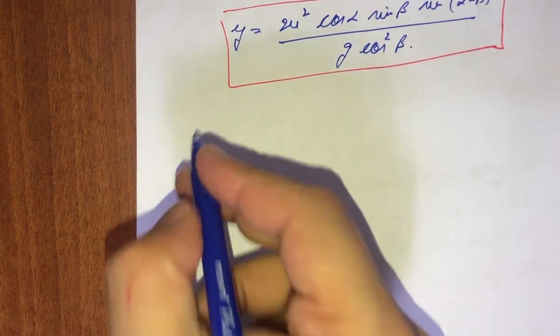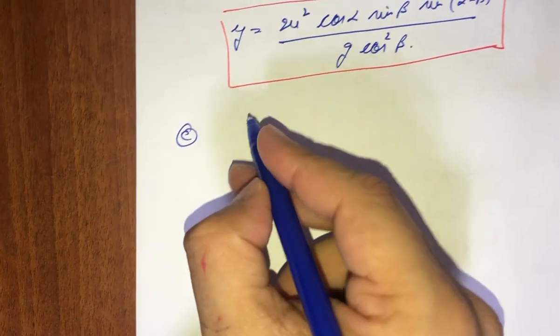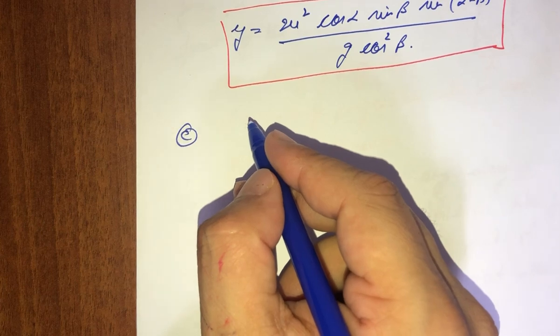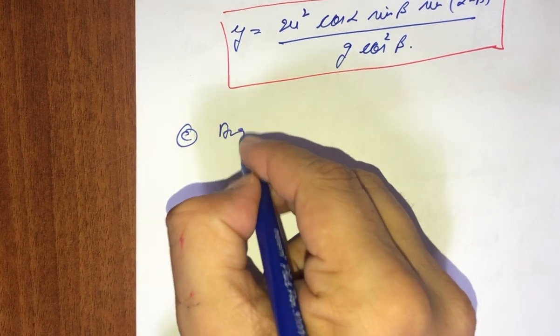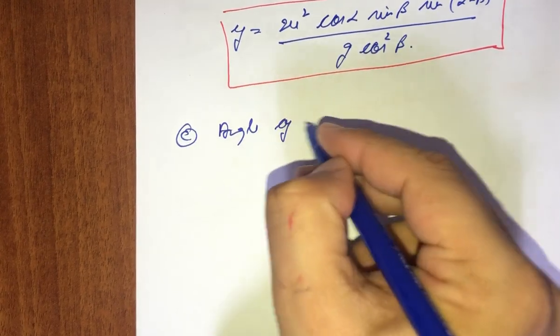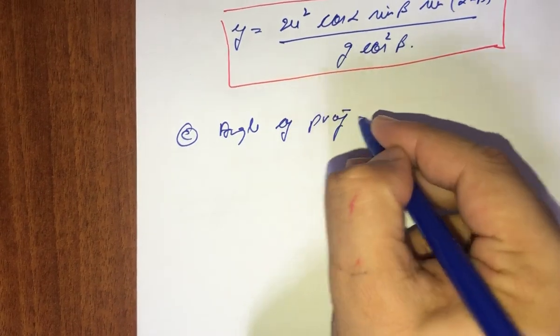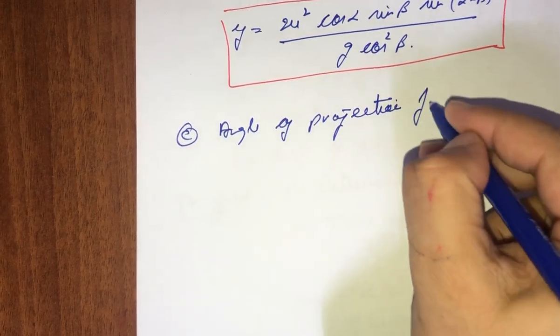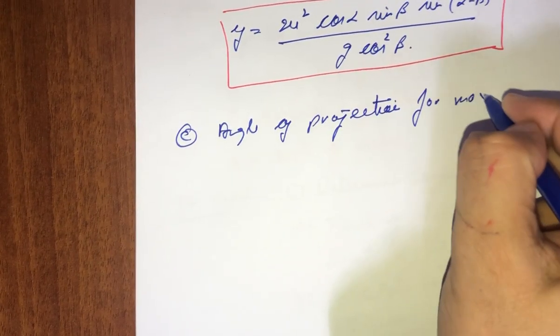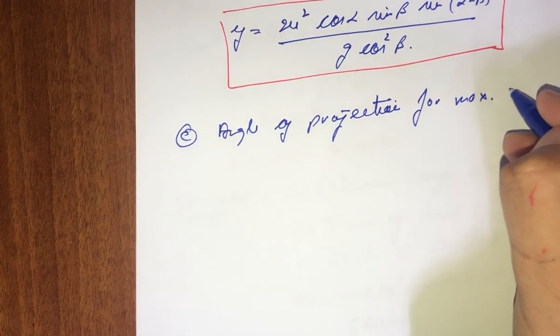And in the C part, the third part, we are going to find out the angle of projection for maximum horizontal range.